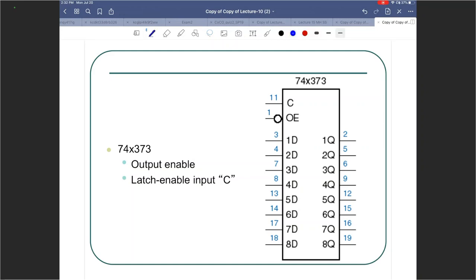Output enable, again, the same functionality, to share an output 8-bit bus, for example, which is an active low input in this case.